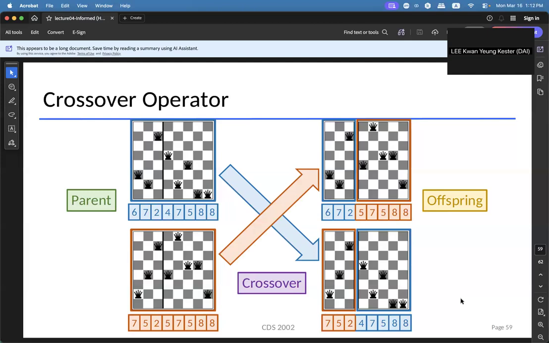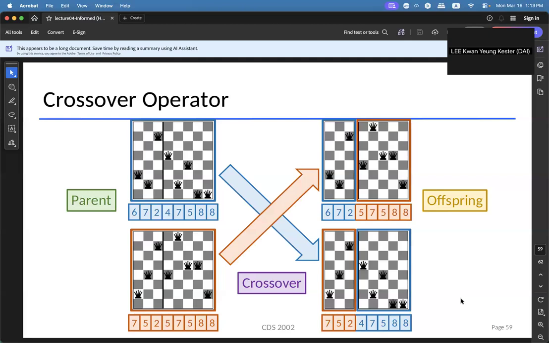This part is similar to the crossing over of the chromosome when two organisms are reproducing. So that is why we label it a crossover.